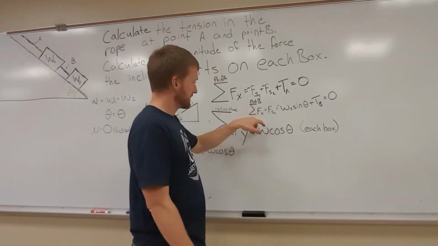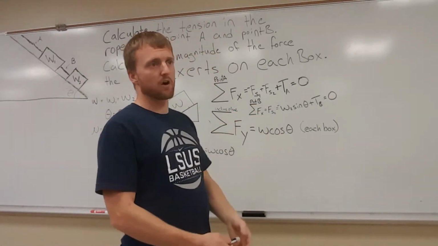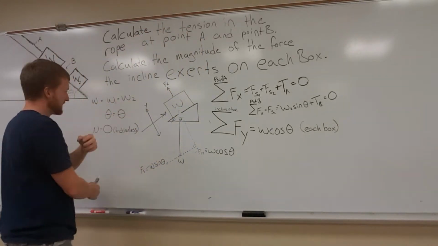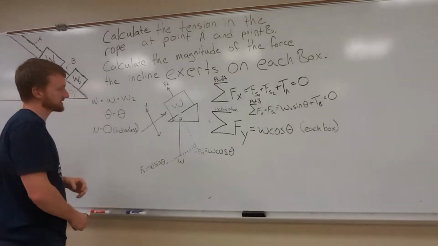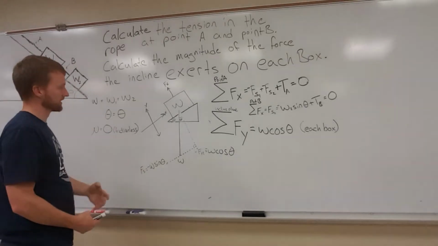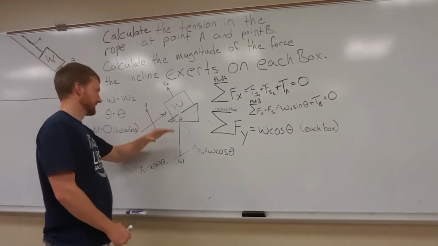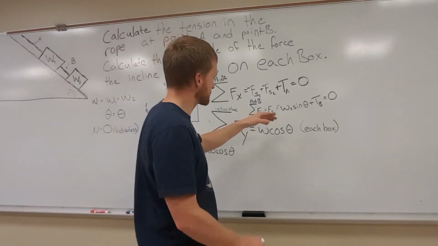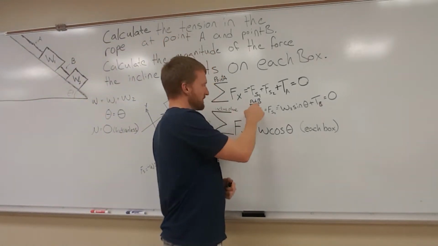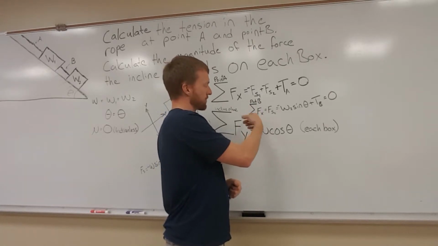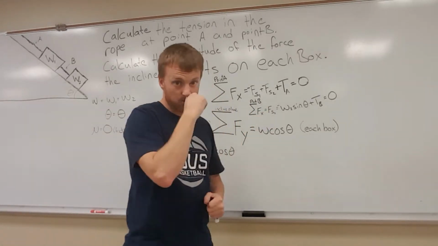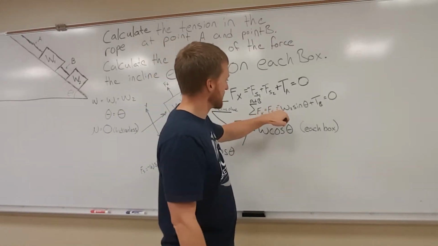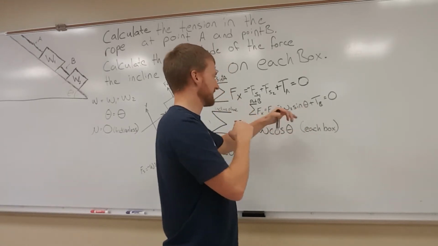For point B, summation of forces: if we have this X and Y graph like this, is there any part of that rope at point B pulling in the Y direction, if our X and Y directions are slanted to accommodate the surface of the inclined plane? No, it isn't. It's all in the X direction. The summation of forces in the X direction for point B is equal to F sub S2, the sliding force of box 2, which is W2 sine theta, negative W2 sine theta.